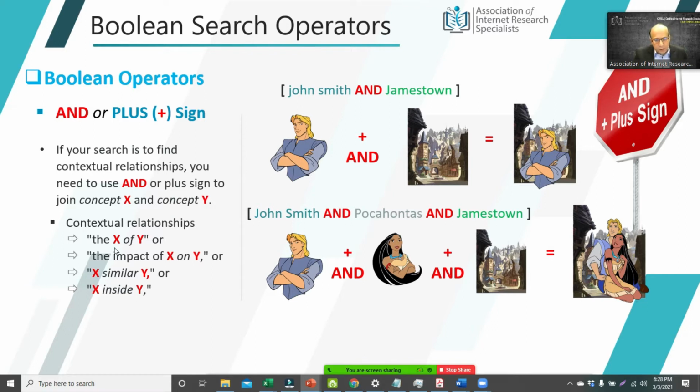The contextual relationship is created by AND in this way. It is going to give a signal to the search that you have to assume that this gentleman named John Smith is X and Jamestown is Y, so two terms.